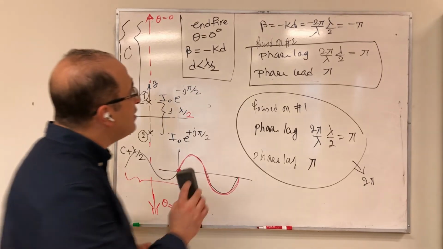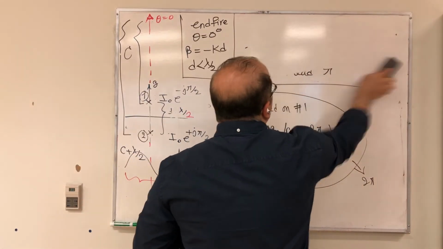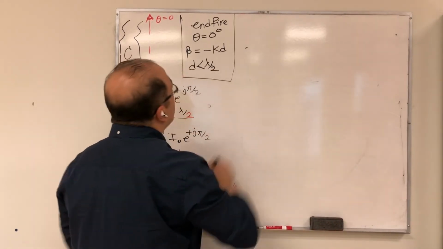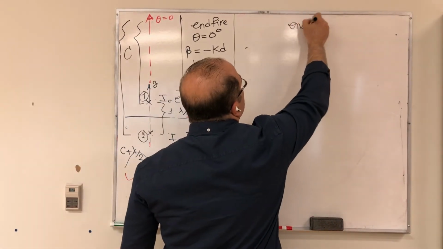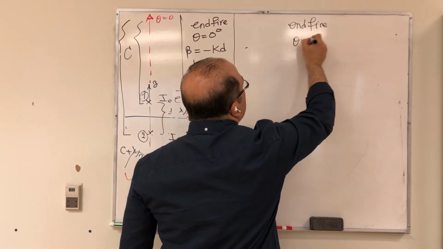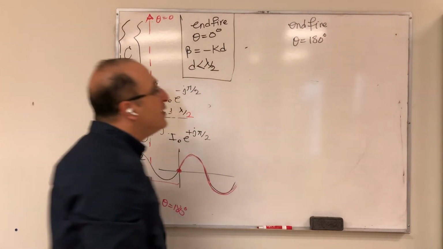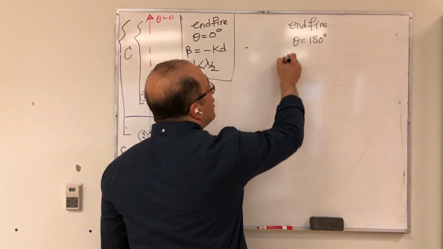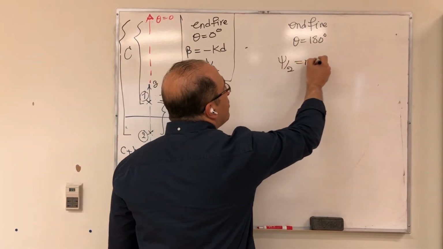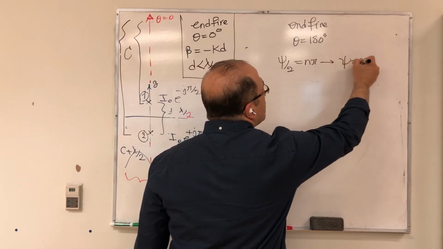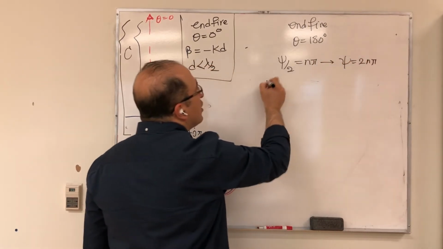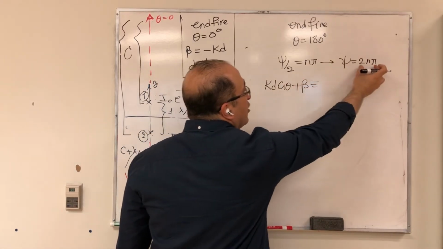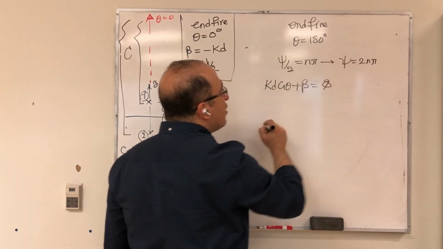Now, the other thing I wanted to mention here would be the other type of end fire: end fire with the main beam at theta equal 180. So how do you find that? Again, you go by the same logic that psi over 2 should be n pi, therefore psi should be 2 n pi. You substitute for psi, kd cos theta plus beta, and you go with the simplest one, which is 0.